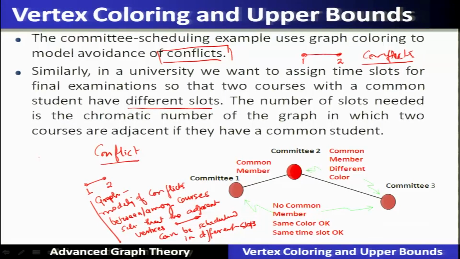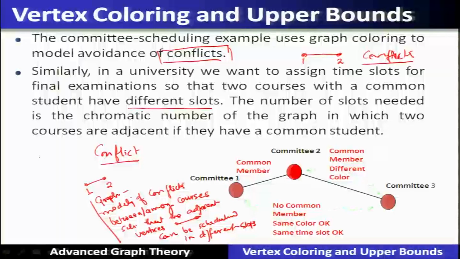So, whenever there is a problem of a conflict, it can be modeled in the form of a graph, and the chromatic number of that graph will become the minimum number of time slots required to solve that problem. Hence, how is this coloring to be done in graphs which are modeling different problems? For example, committee scheduling with a minimum number of slots, similarly examinations conducted with a minimum number of slots.